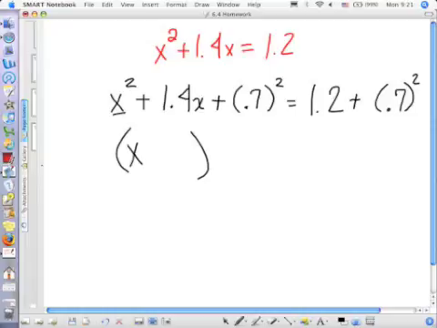The square root of the first term, and whatever this number is, simply comes down. And it's plus because of this sign, squared. On the other side, we have to take care of our exponents first, and 0.7 squared is what, Elizabeth? 0.7 squared is 0.49. It's not 0.7 times 2. It's 0.7 times itself.